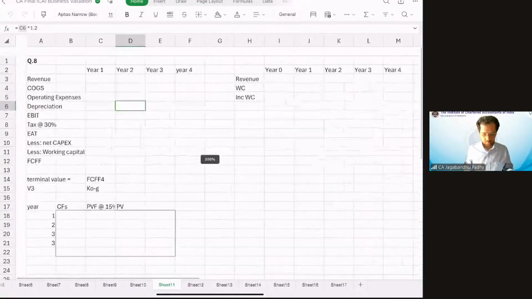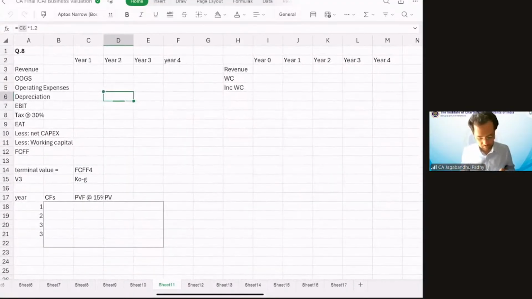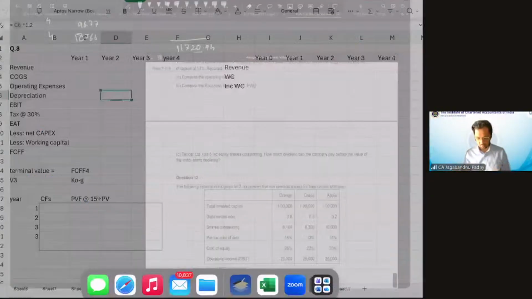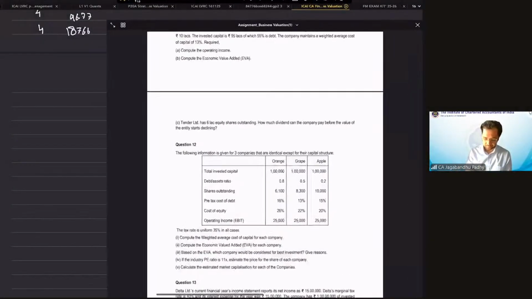Okay, so here we have this question number 8 for you guys. You can just look at this format and try to obtain the values of revenue, COGS, operating expenses, based on the numbers that we have here.